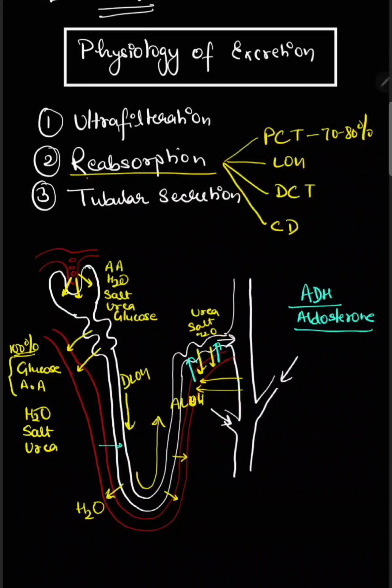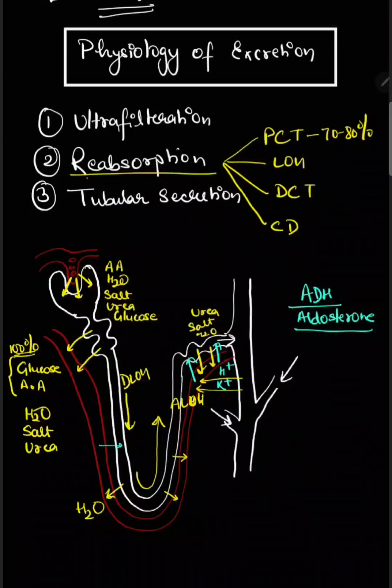And tubular secretion of what? Tubular secretion means whatever the blood does not need, it will pour again into the filtrate. So the maximum is H plus ion, and some amount of salt also, some amount of potassium, some amount of ammonia, because ammonia is also produced, and some amount of urea.